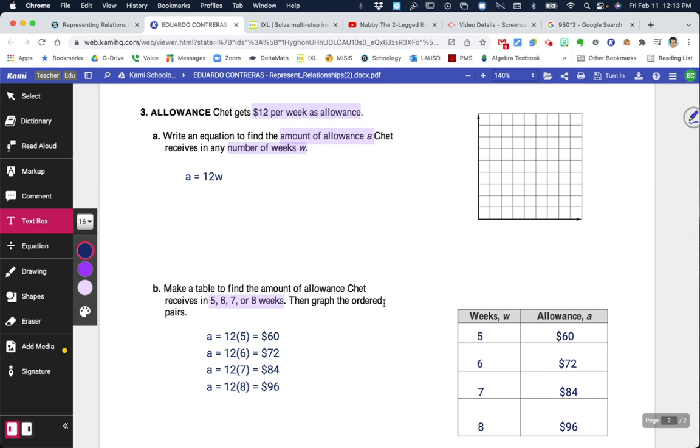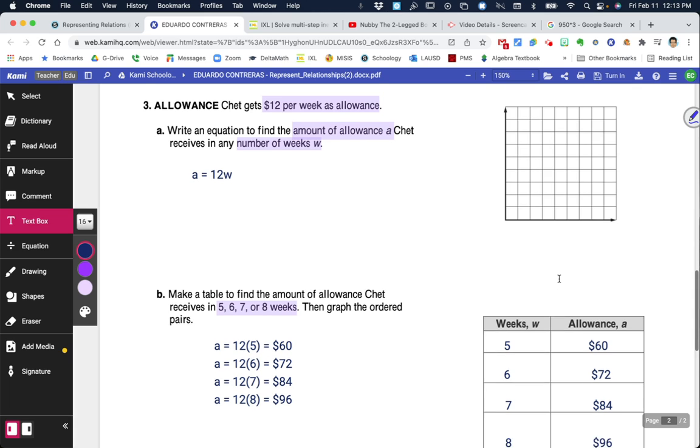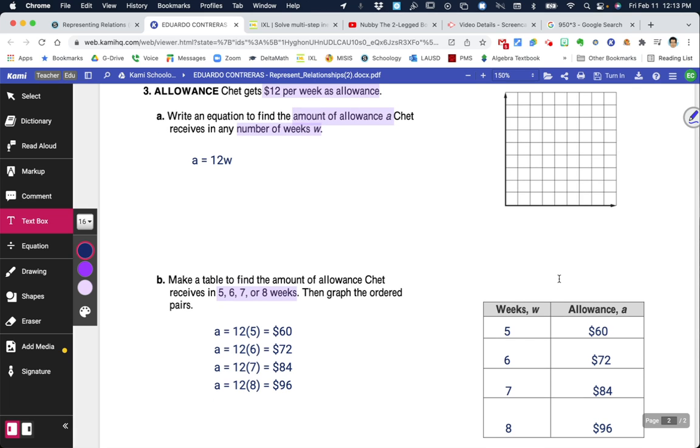So up here, we're going to make a graph. Let me just zoom in a little more. Okay, there we go. That's better. So as you can see, it's completely blank. And you always want to start with the x-axis, the one horizontally here.